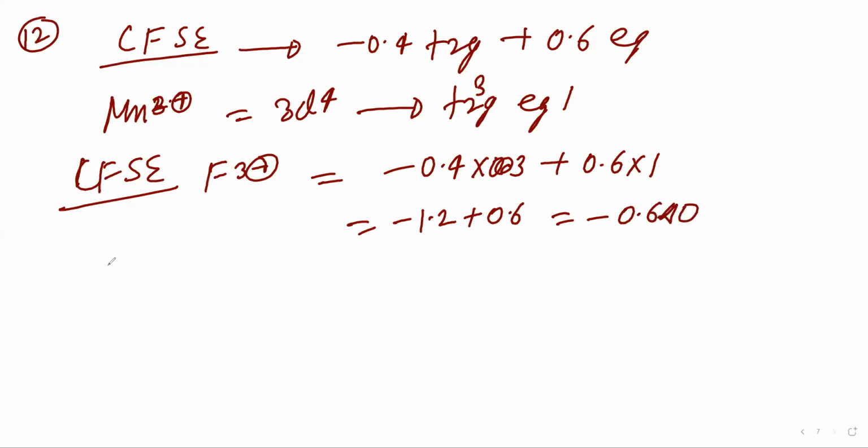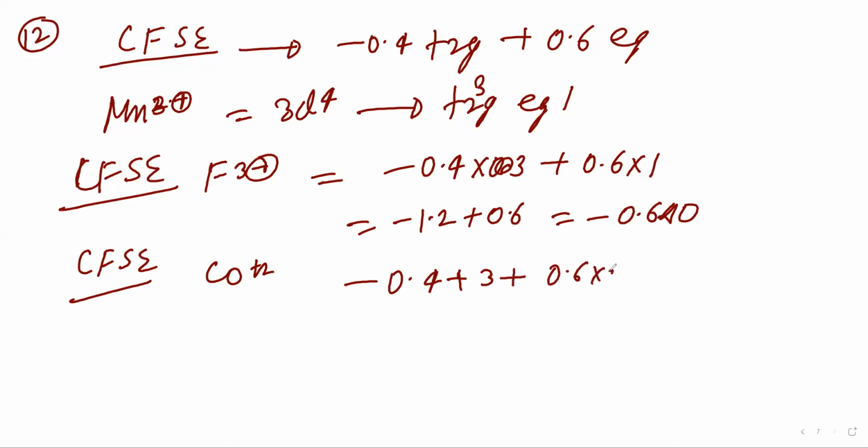Next is CFSE for Co2+. It will be minus 0.4 into 3 plus 0.6 into 2, which is equal to 0. So this is for Mn, this is Fe, this is Co2+.